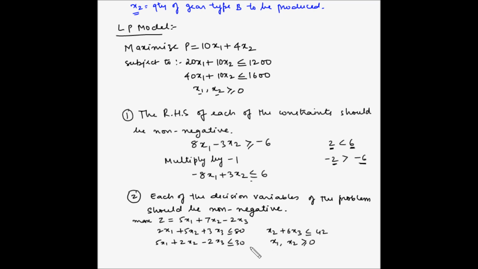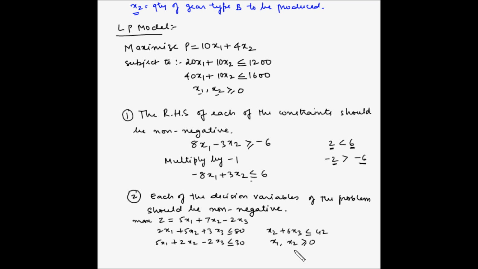So here there are three decision variables, x1, x2 and x3. It has been given that x1 and x2 should be greater than or equal to 0. However, x3 is not bound by that constraint. Hence, it can take a negative value.